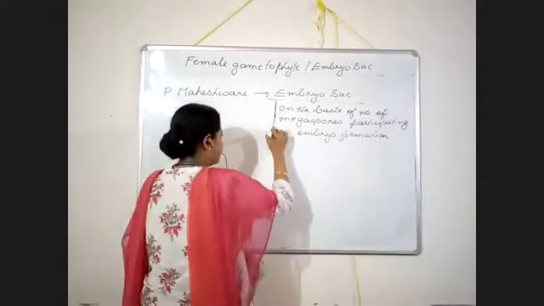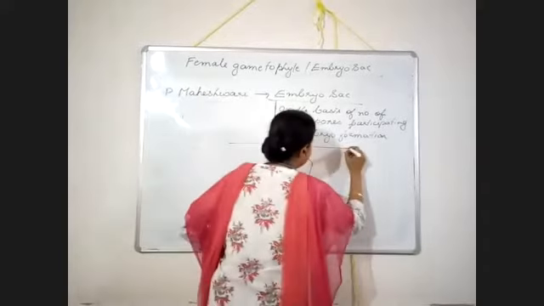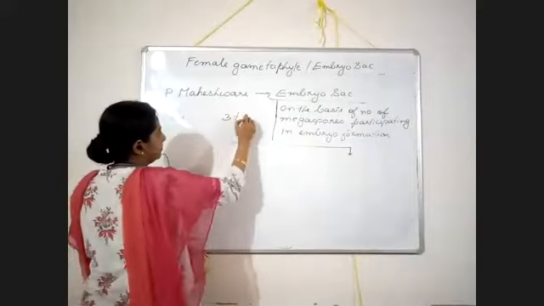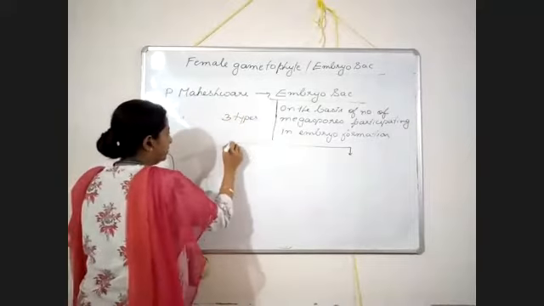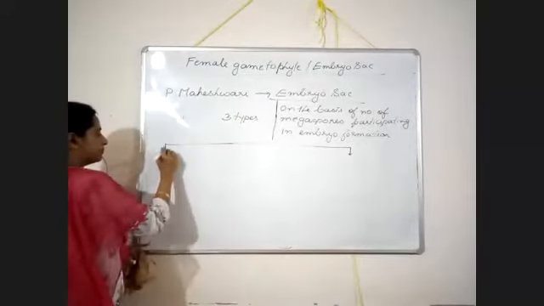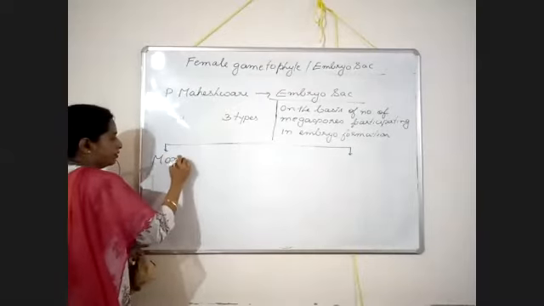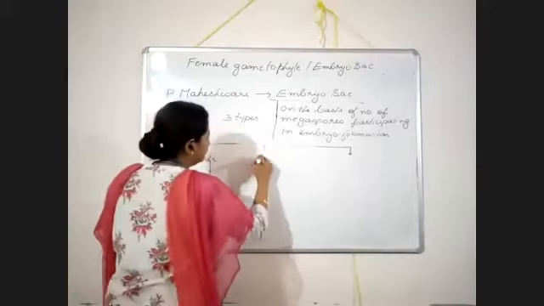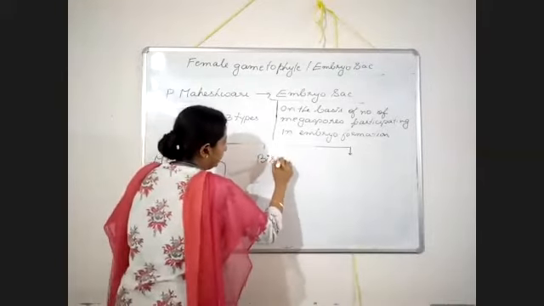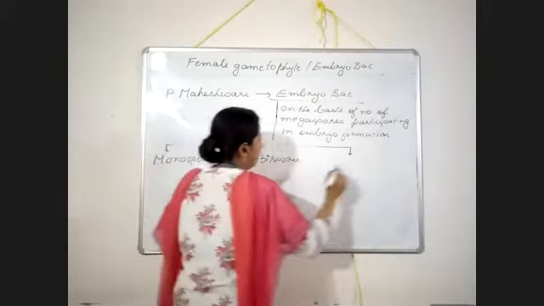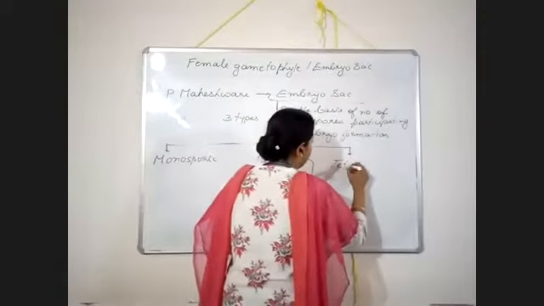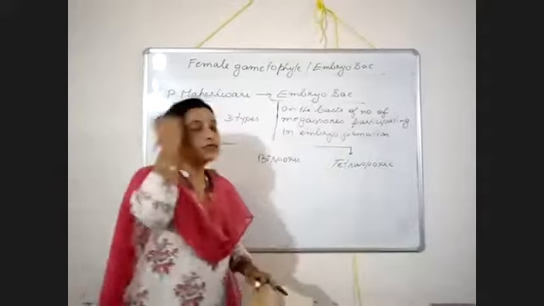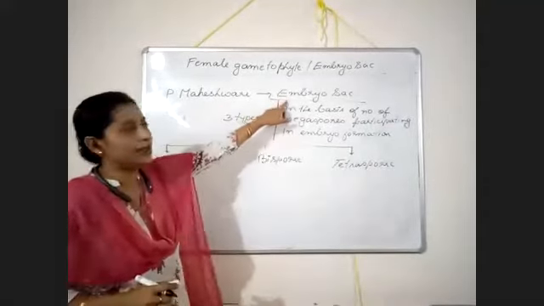On that basis, he said there are 3 types of embryo sac: monosporic, bisporic, and tetrasporic embryo sac. So we are talking about the embryo sac.